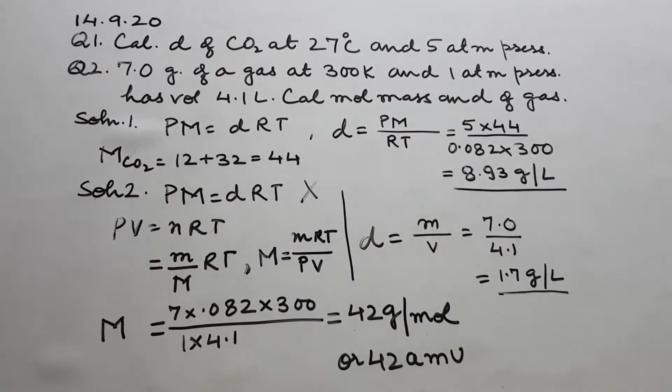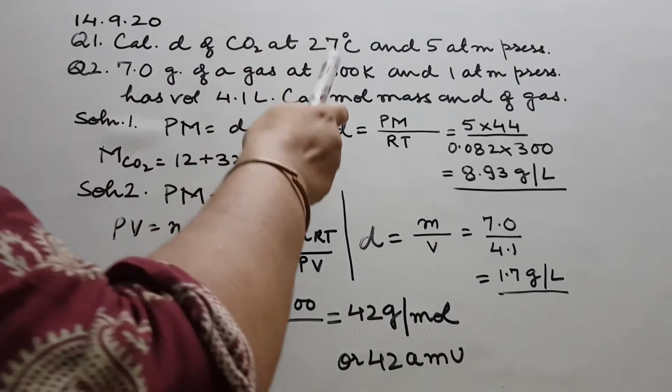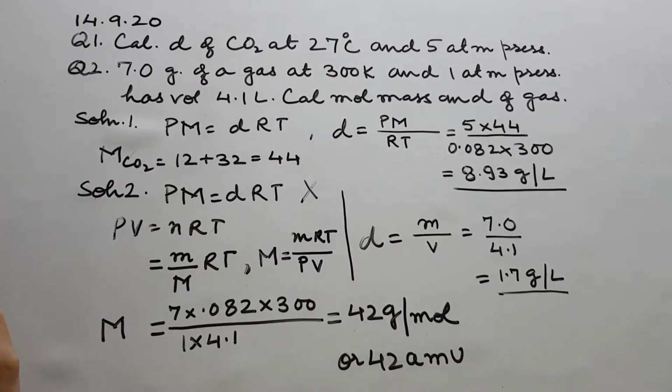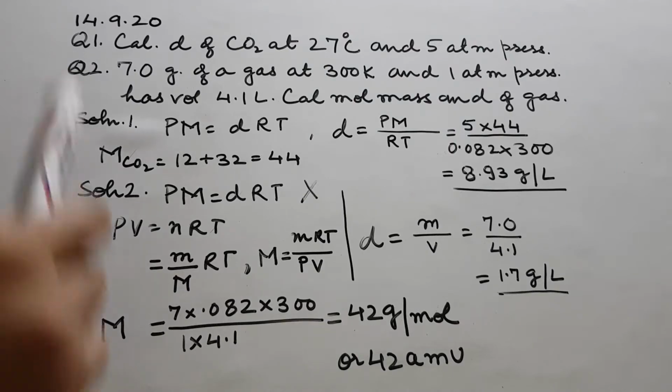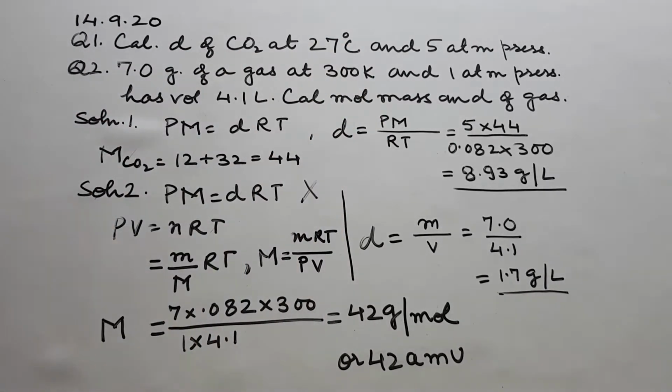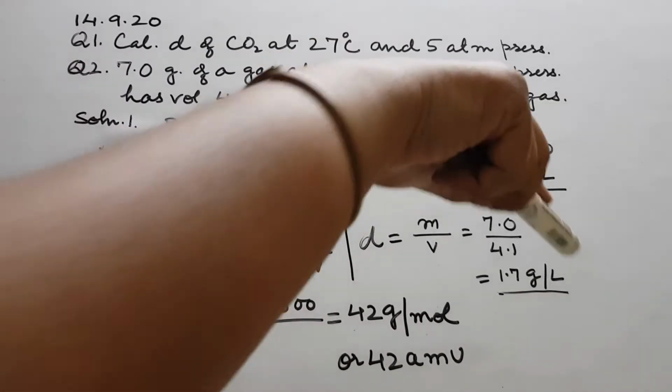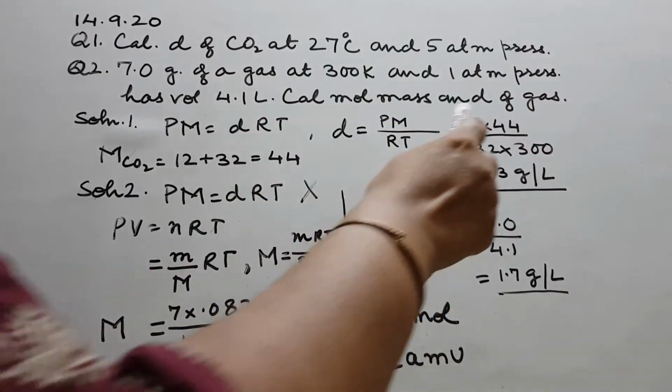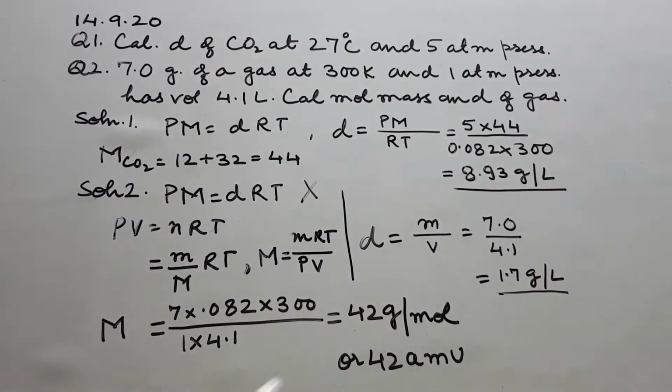R is the constant 0.082, and temperature is 27 degrees Celsius, but we know in the entire chemistry, temperature will not be used in Celsius, everywhere in Kelvin. So obviously I had to convert that to Kelvin. 27 plus 273, which I have put here, 300. And I calculated, I got the answer, so and so grams per liter.